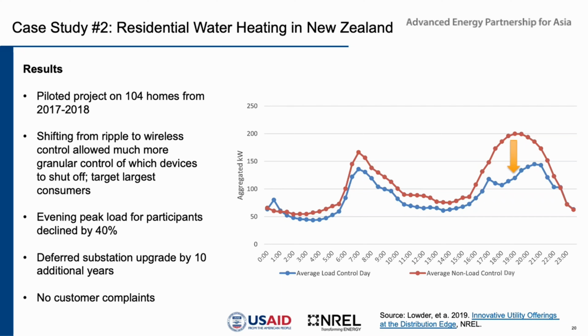The utility was able to see a peak load reduction of about 40% on certain evenings in the wintertime. And most importantly, there were no customer complaints in the way that the utility managed the turning on and off of the hot water heaters.